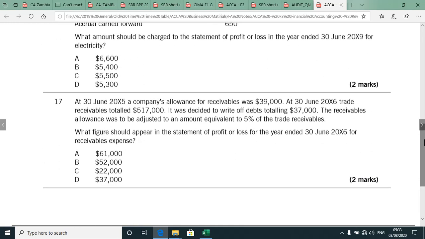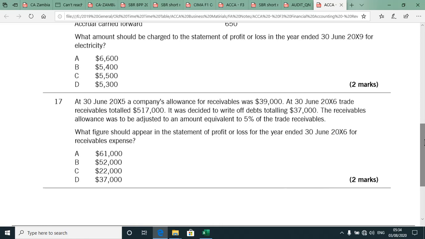Okay, 17, last question, and I will be closing this session. I hope that you can come up with questions on the other side. 17 is coming out of control accounts. It's coming out of allowance for receivables and irrecoverable debts.